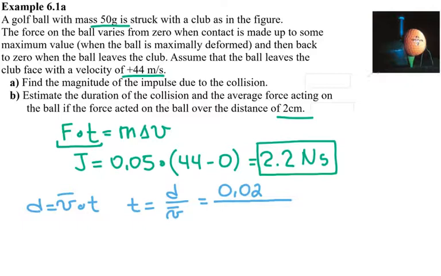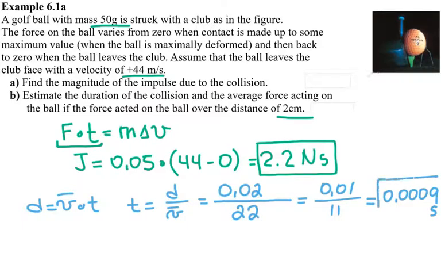And then average velocity, initial was 0 and the final is 44, so that is 22. So that gives me 0.01 divided by 11, and I get 0.0009 seconds, or 0.9 milliseconds. So I got the time.